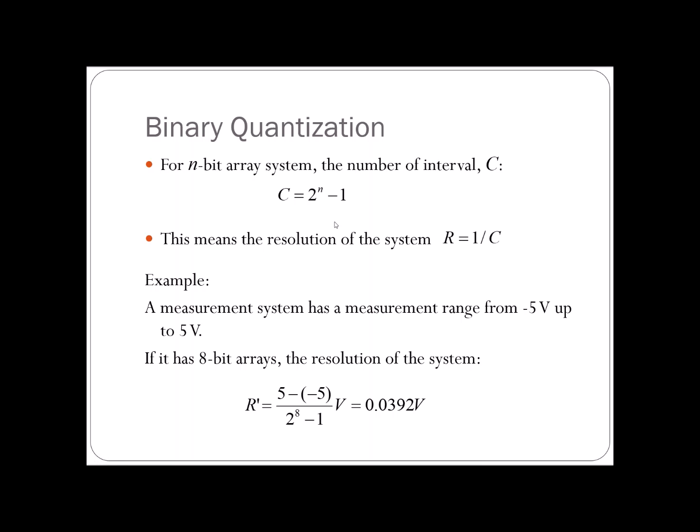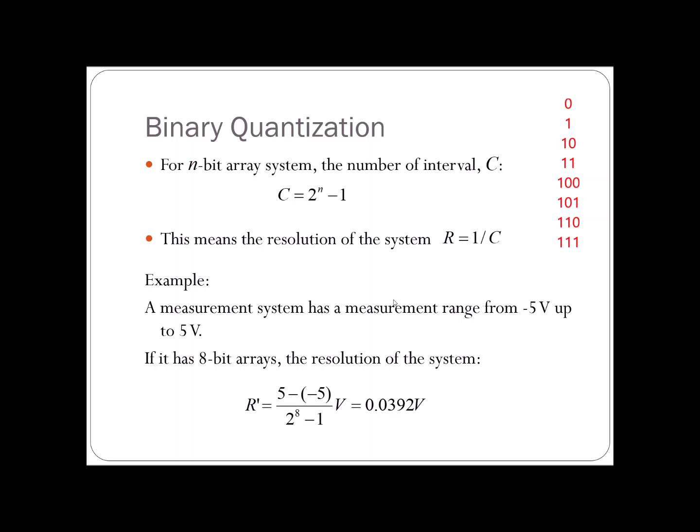3 digits means you have 0 in binary, which corresponds to 0 in decimal. You have 1, and then you have 1 0, you have 1 1, you have 1 0 0, 1 0 1, 1 1 0, and 1 1 1.